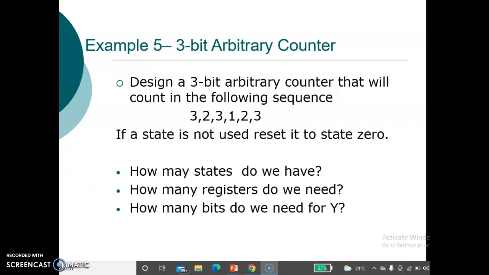Example 5, 3-bit arbitrary counter. Design a 3-bit arbitrary counter that will count in the following sequence: 3, 2, 3, 1, 2, 3. If a state is not used, reset it to state 0.